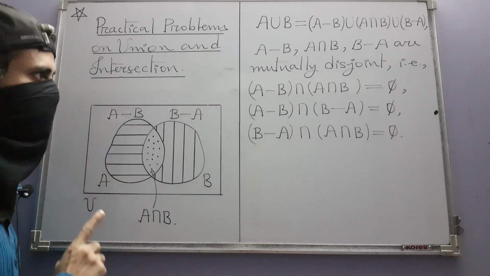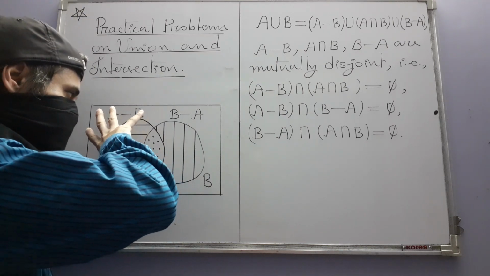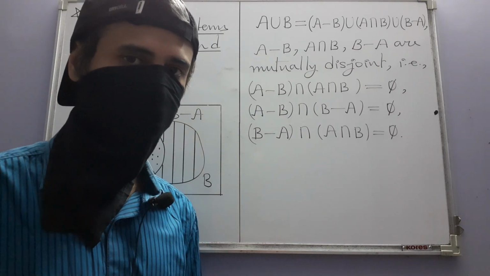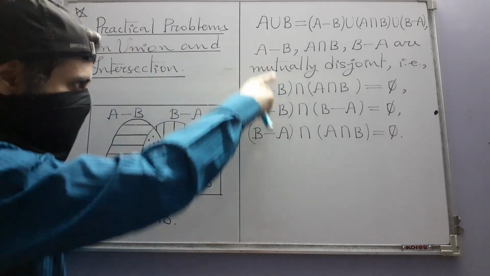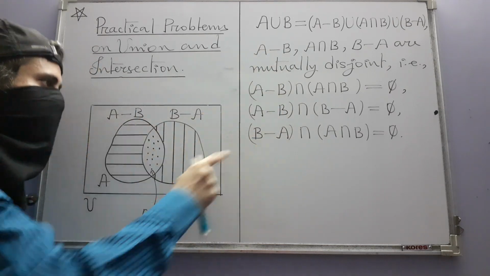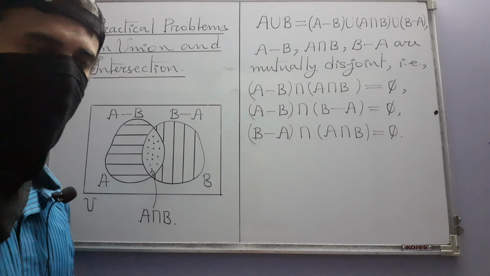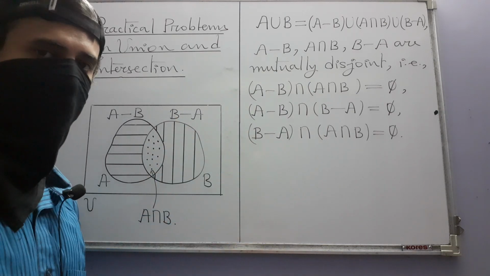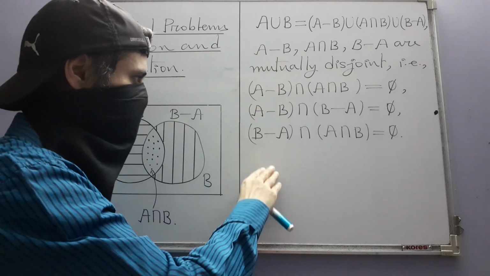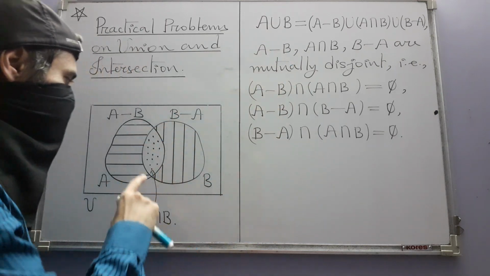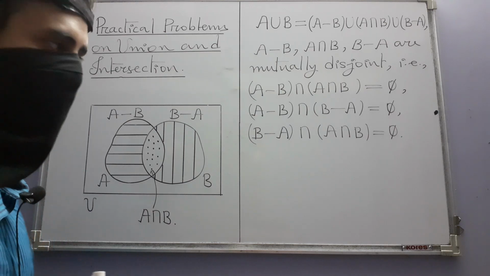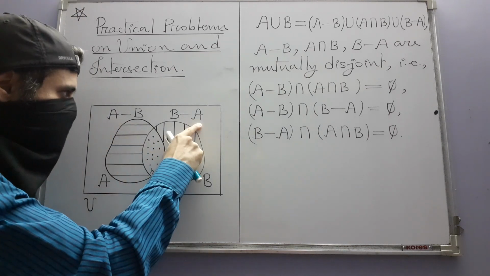Now, in this situation, if both the sets A and B are finite sets, of course, whatever we have written here is true even for infinite sets A and B. Or maybe A is infinite, B is finite, all the possibilities are there. For all such possibilities, these are true. But in particular, if both A and B are finite, then what can we say about these three sets?